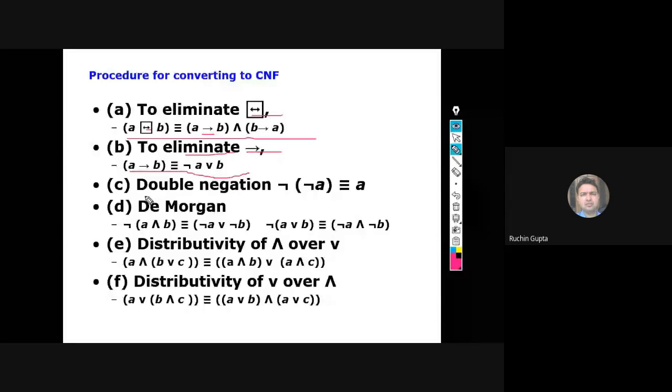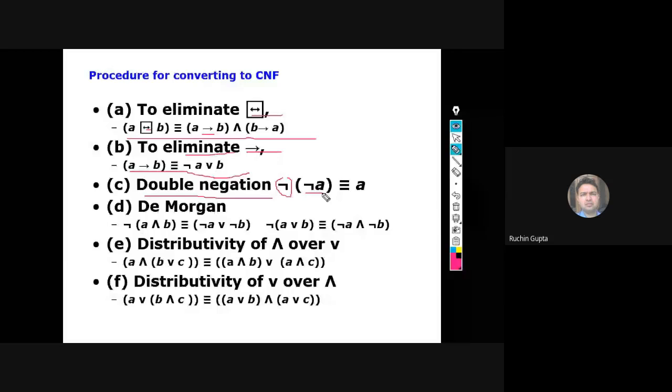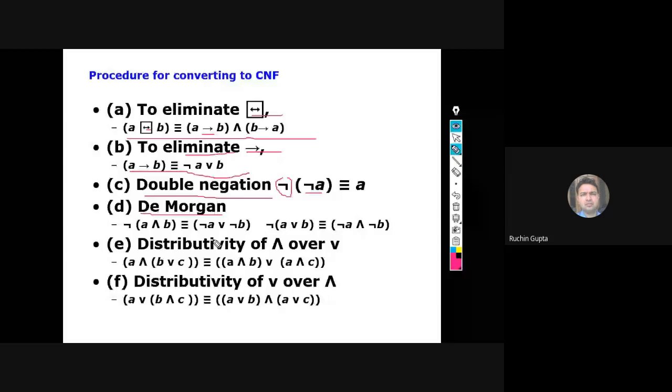And then we use this double negation so that we can push the negation symbol inside the literal, inside the propositional statement. Then we use De Morgan's law. Why do we use De Morgan's law? Because we know that the clause contains a number of propositional atoms or variables which are connected by disjunction.